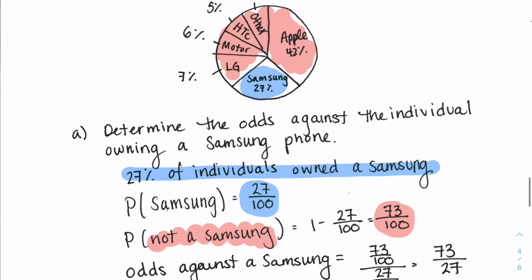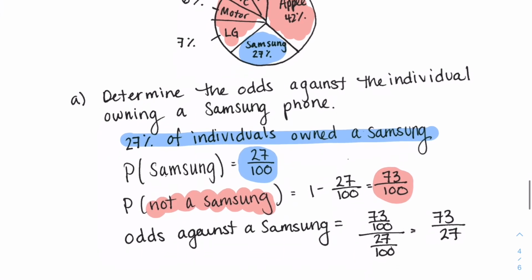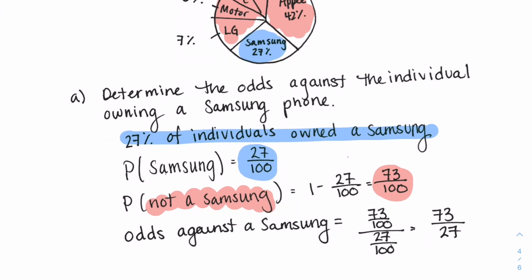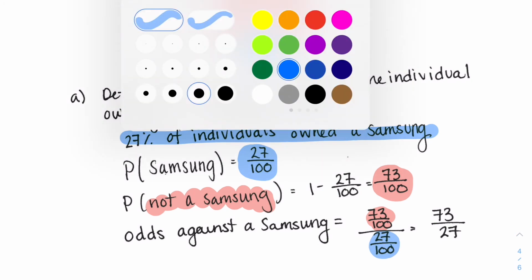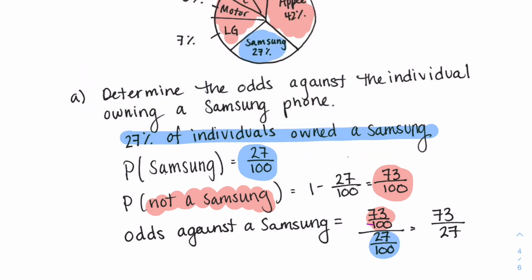So the odds against, same thing is going to happen. We're going to take the probability of failure and we're going to divide it by the probability of success. And every single time this is going to happen, the hundreds are going to cancel each other out, and the odds against owning a Samsung are 73 to 27.